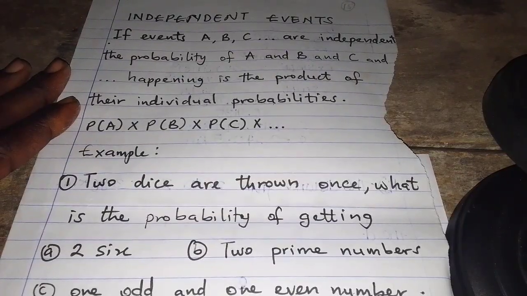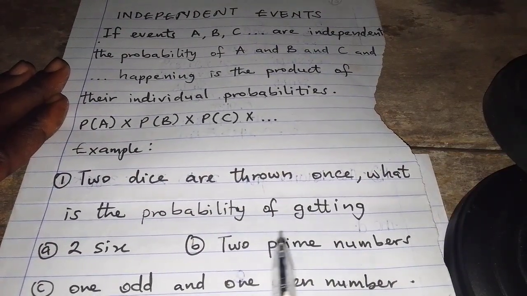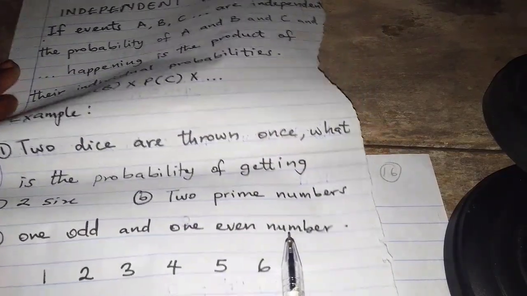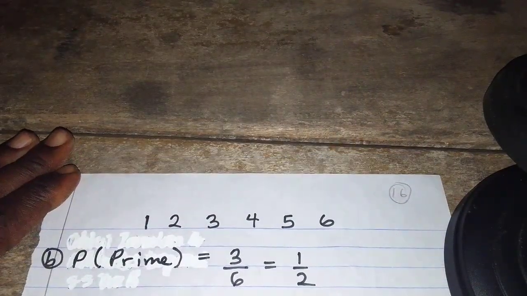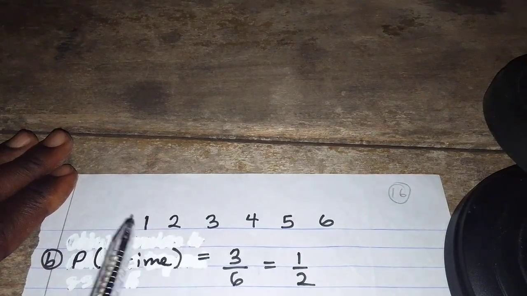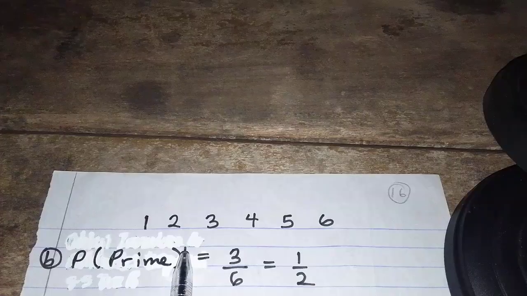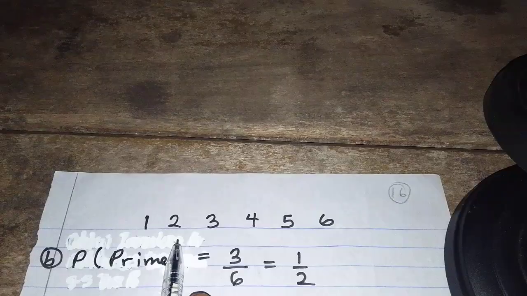The second part asks, what is the probability of getting 2 prime numbers? The first one to be a prime number and the second one to be a prime number. In a die you have 6 faces. What is a prime number first? A prime number is a number that can only be divided by 1 and itself.